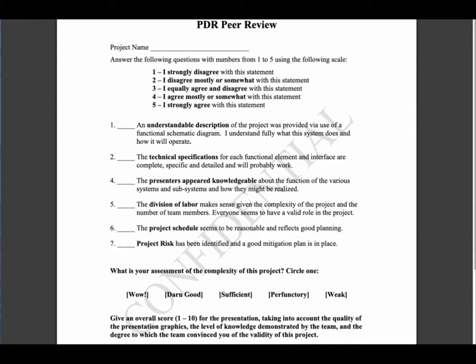I'm going to hand this out. Each person will fill out 4 of these in the course of the lab period on Tuesday, 1 for each of the other projects. You're not going to rate yourself, and I'll talk more about this on Monday. But some questions are asked, and then you basically fill in the blank on whether or not you agree with that statement or disagree, and to what level, so I can get some feedback as to what you think about the project, the risks, does it look like a decent project.